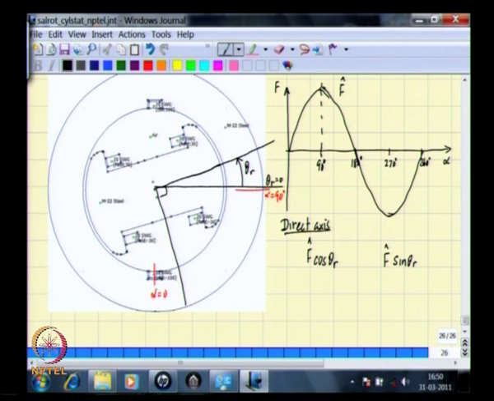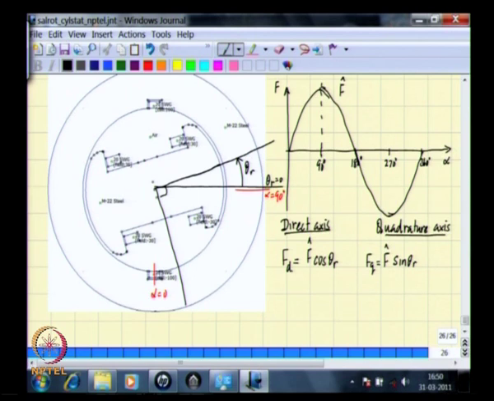We will call the axis lying in the interpolar region the quadrature axis, since it is 90 degrees to the direct axis. Therefore, we call this Fd, and we call this Fq.